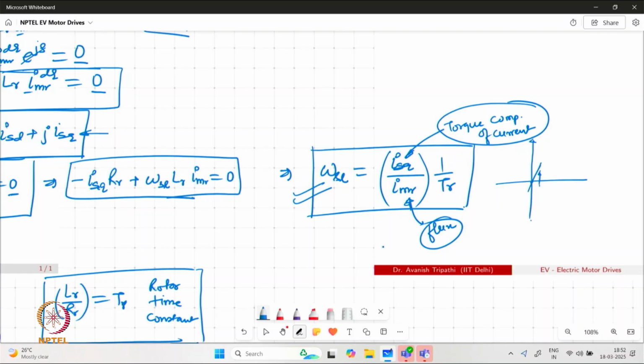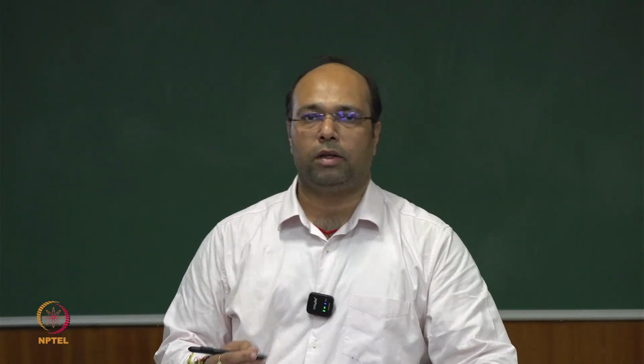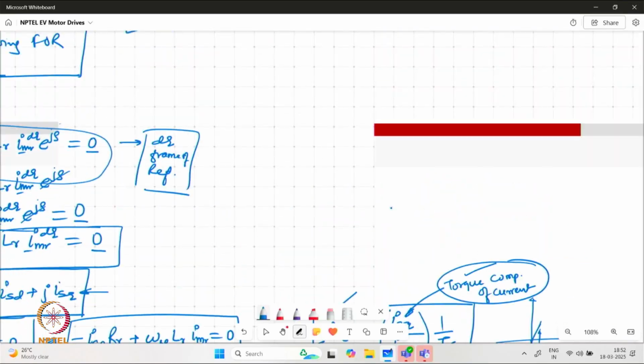ISQ is the representation of the torque component of the current, which is why the loading defines how much slip speed we are going to encounter in the machine. So higher loading means higher torque, and that is going to reflect on the slip speed, so the slip speed magnitude will be higher.